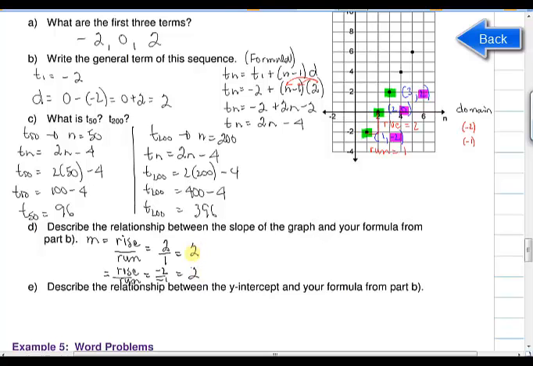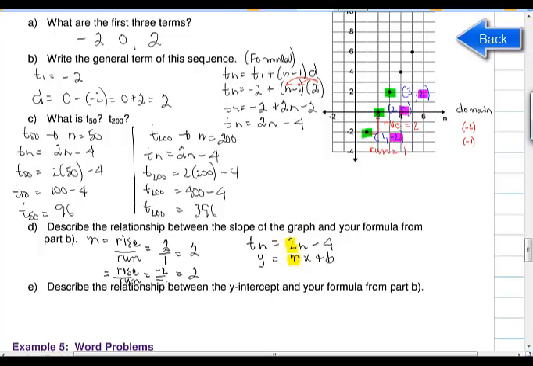Now we've been asked to compare this slope with our formula, so let's take a look at our formula, which is t subscript n equals 2n minus 4. And we know this is in the form of y equals mx plus b. And if you recall from last year, m is your slope. So if you take a look at our formula, it's mx, and that's 2n.